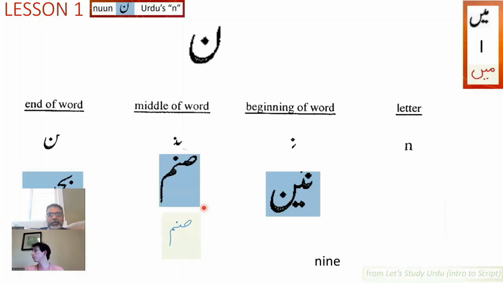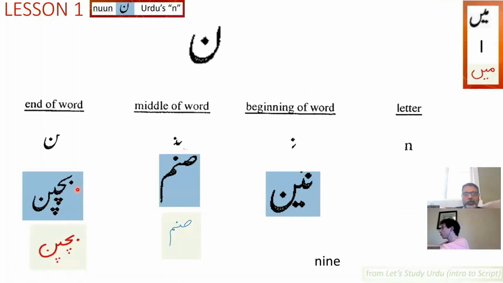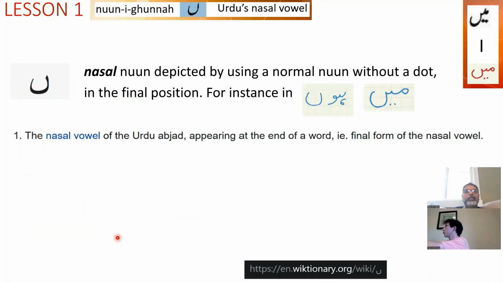If we go to the next slide, this is also on Noon. What we want to do is understand Noon first before we go to Noon's first cousin, Noon Gunna, which is this word up here on this slide.